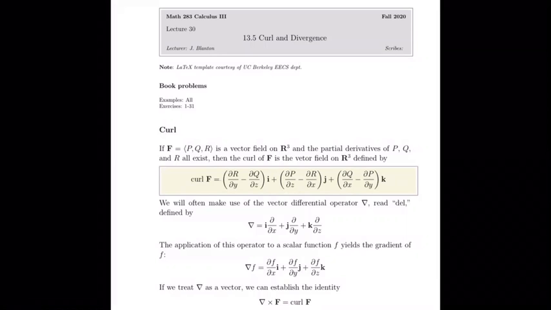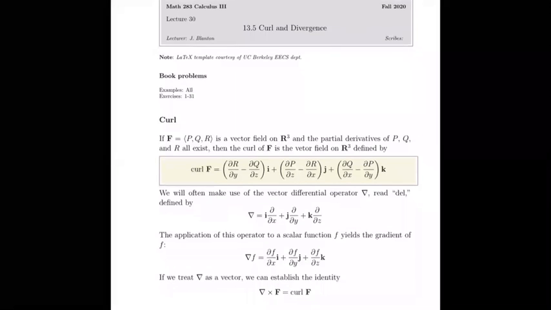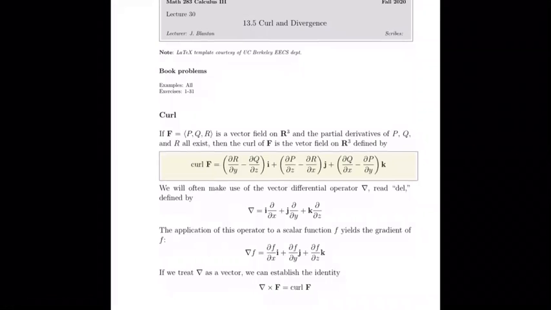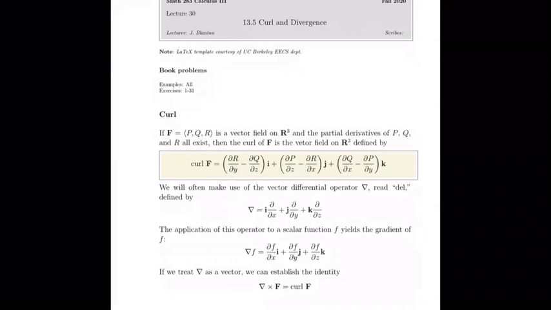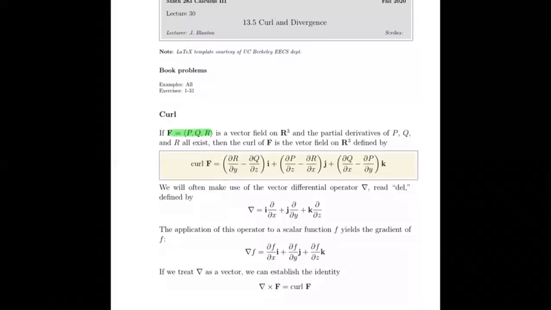So we start with the curl, and we'll look at a vector field F, which has components P, Q, and R, all three of which are functions of X, Y, and Z in R3. And we'll assume that the partial derivatives of P, Q, and R all exist.